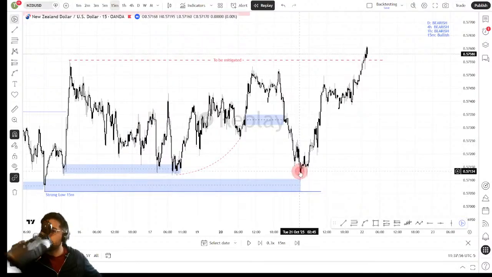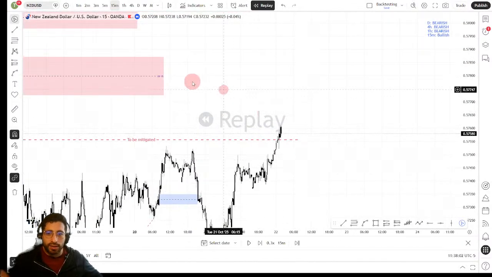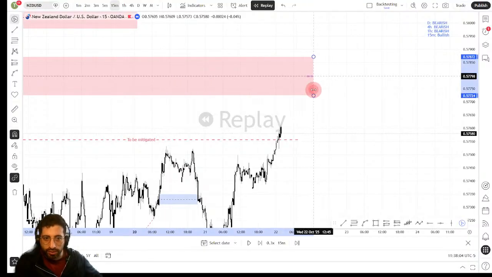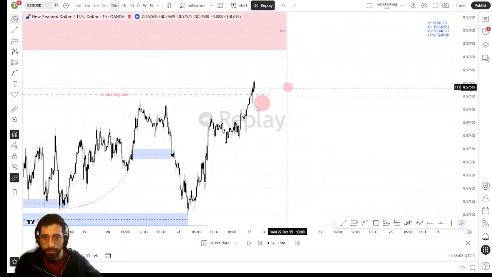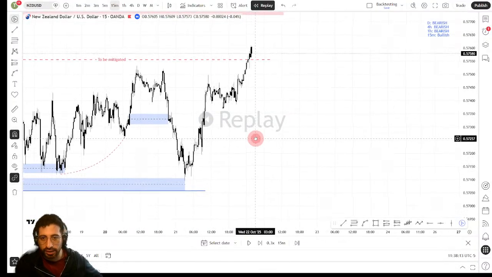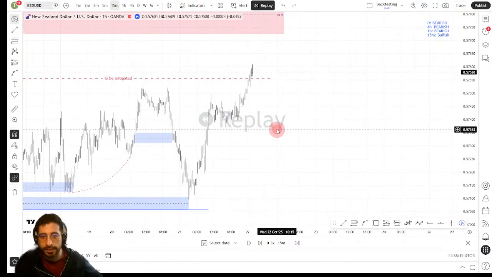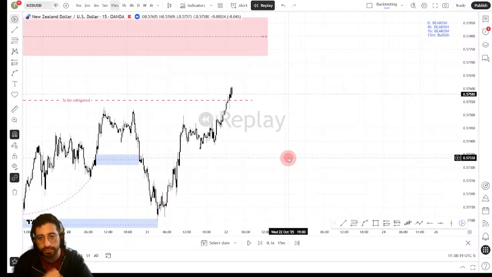Right now, look how interesting these things work. When the price gets to this order block or this one, people will see just this impulse. So they will start thinking, oh my gosh, now the price is going up, to the uptrend.